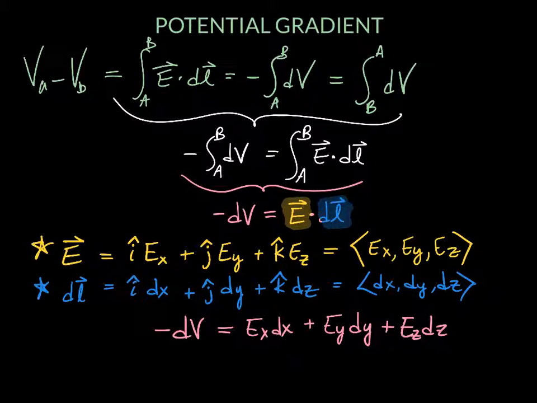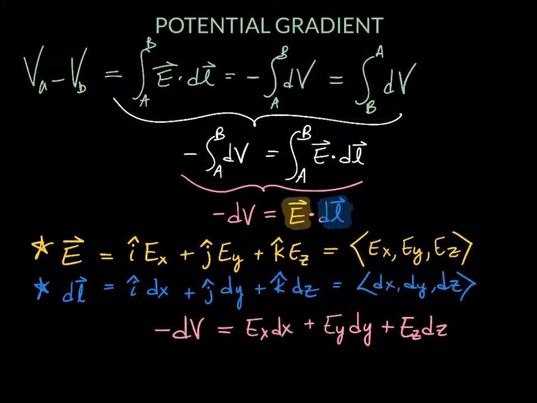So magnitudes of field in those directions and infinitesimal chunks of path length in each direction. All right? So we get some mileage out of this, hopefully.